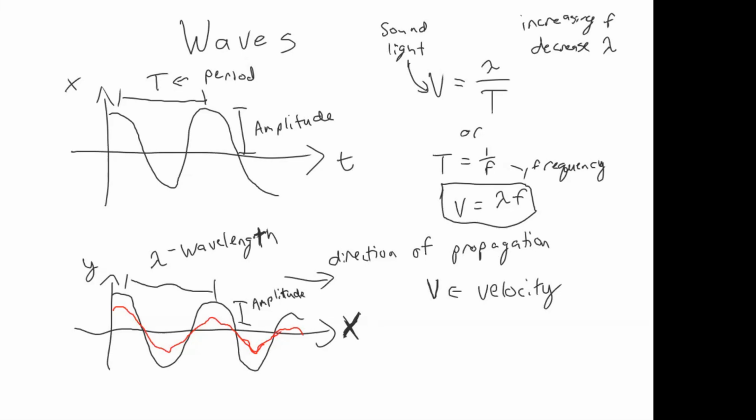If I add the red and the black line together, will it make the resulting wave bigger or smaller? Bigger than either of them. So it'll be bigger than both of them.